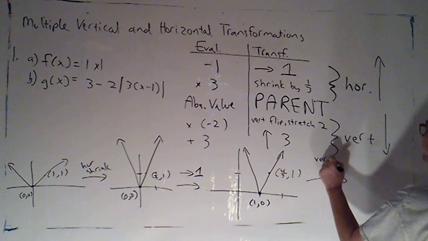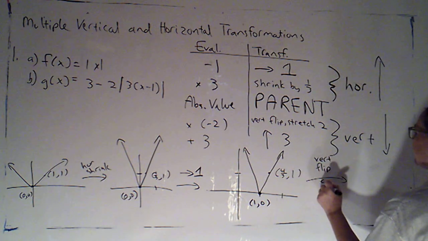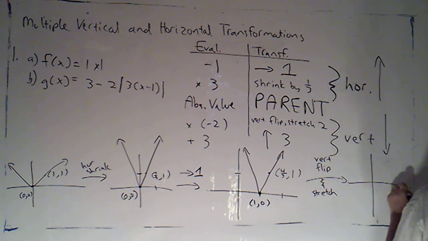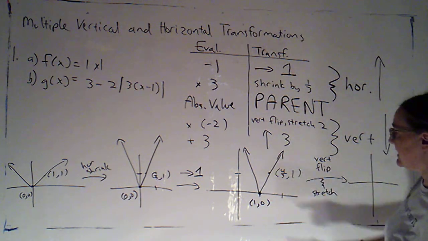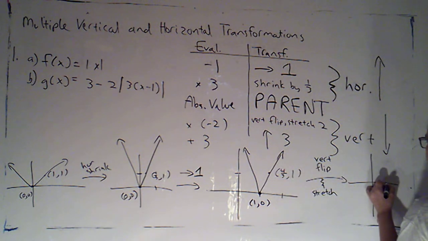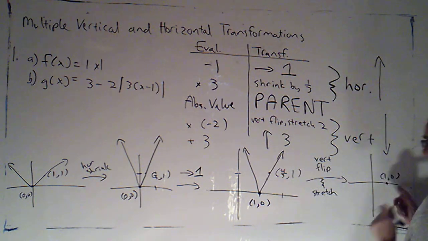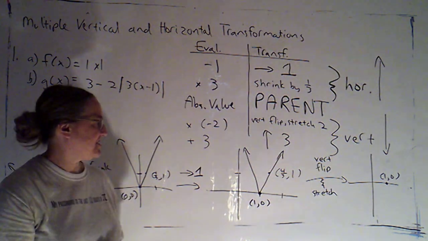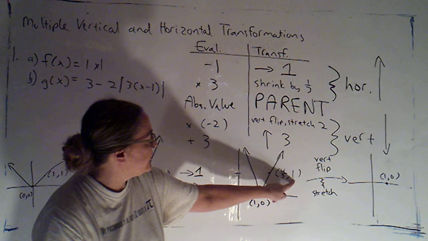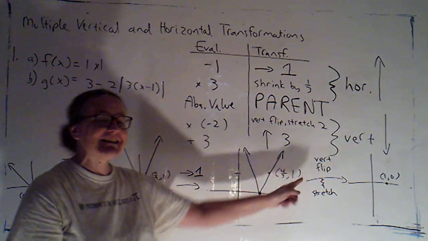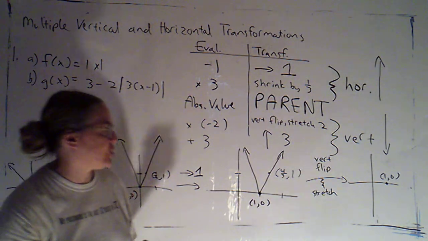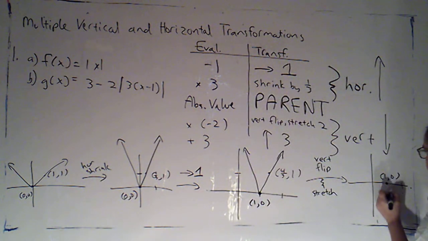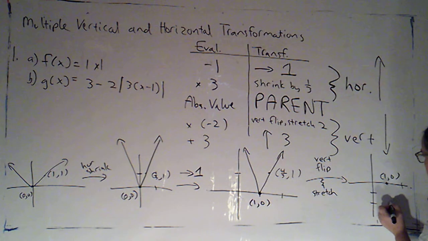So if I do my vertical flip and stretch, the y values simply get multiplied by -2. (1, 0) is going to stay at (1, 0) because the y value was 0, and multiplying that by -2 doesn't change it. However, the y value at this point was 1. That's now going to become -2. So I'm going to have a point (4/3, -2).